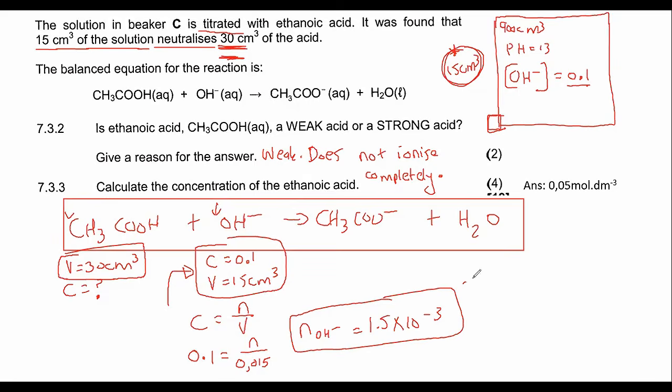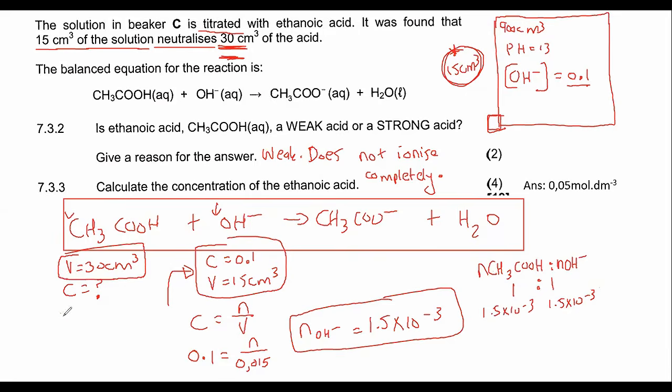So we can now say that the moles of CH3COOH to the number of moles of OH minus is in a 1-to-1 ratio. And so if we have 1.5 times 10 to the minus 3 here, then this one must also be 1.5 times 10 to the minus 3.